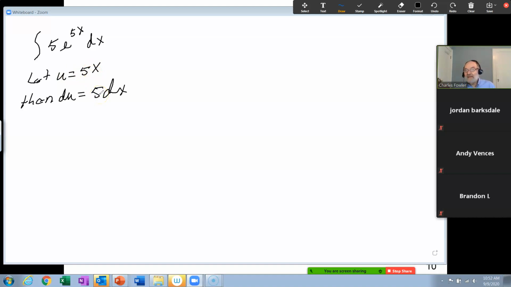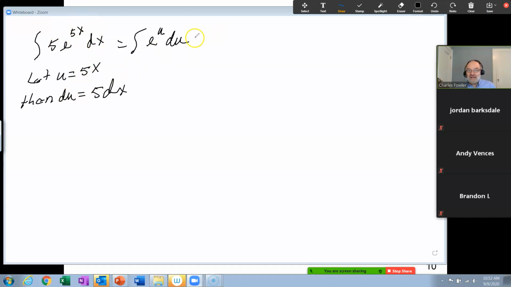Now, look up here. Here we have e to the u, and the 5 dx is your du. So this is just simply the integral of e to the u du. You see, this is e to the u. The 5 dx becomes your du.